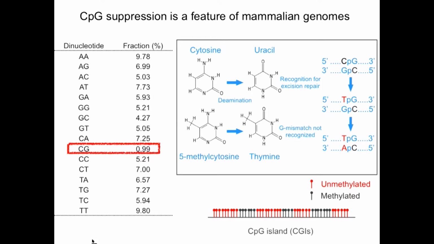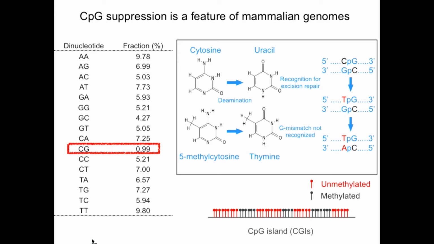This has to do with the fact that methylated cytosine undergoes a biochemical change, so it gets deaminated to thymine, whereas unmethylated cytosines would normally be converted to uracil under deaminating conditions.